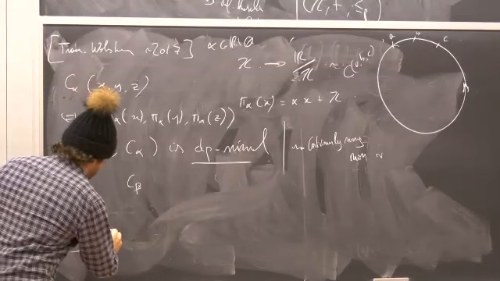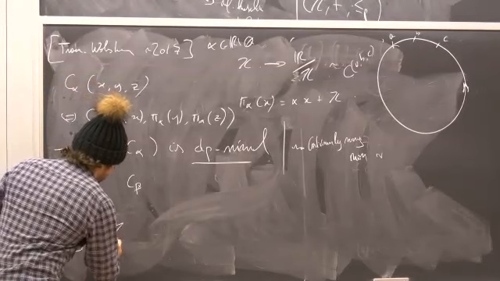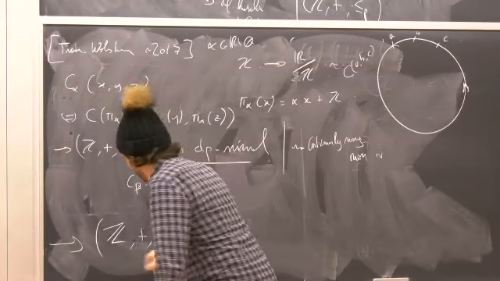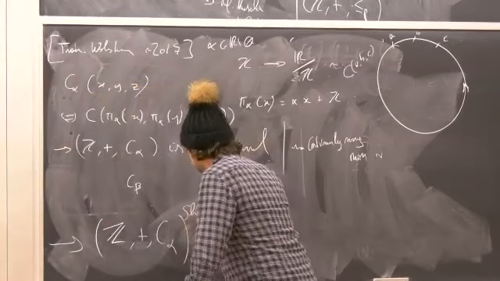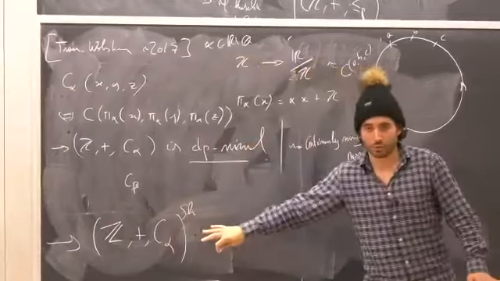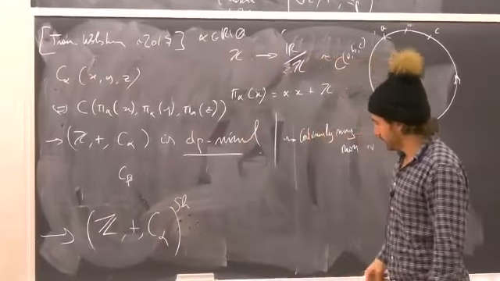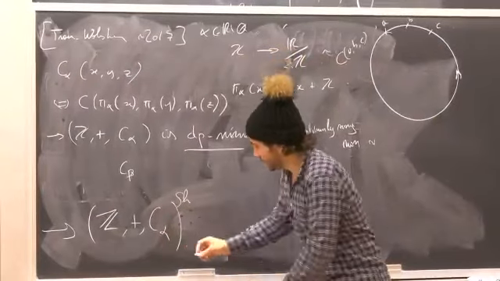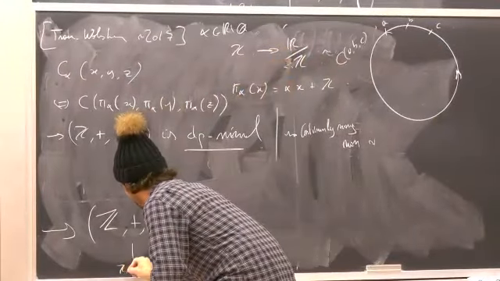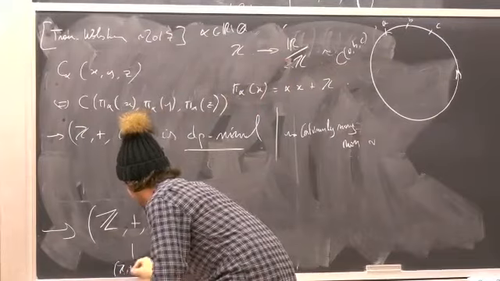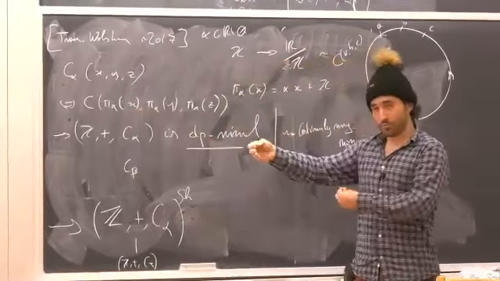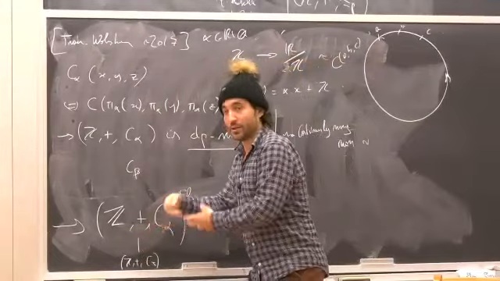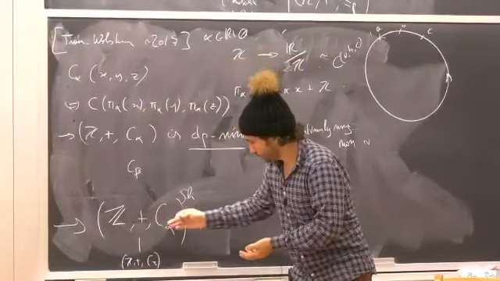They also proved that, okay, so here I'm not defining this, but some expansion, people who know what that is know, and people who don't, it's just something which expands Z plus C alpha. And they show that this expansion is also dp minimal.